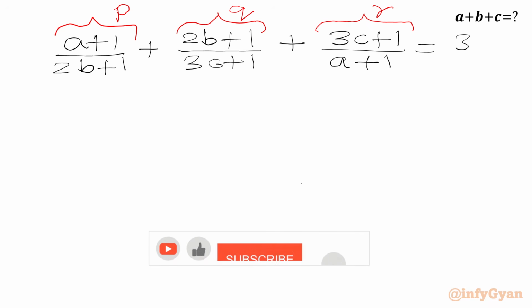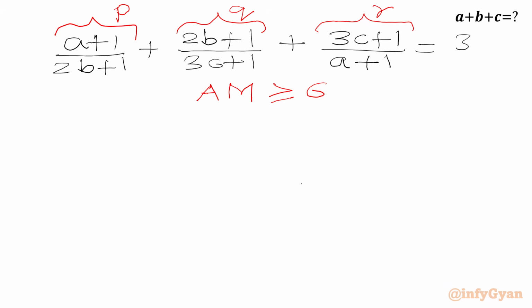Let me write the equation here. Now we'll be writing the AM greater than or equal to GM inequality. We have three positive numbers P, Q and R. Then we can find the arithmetic mean of these three numbers.